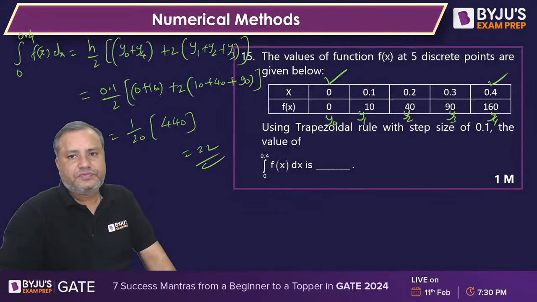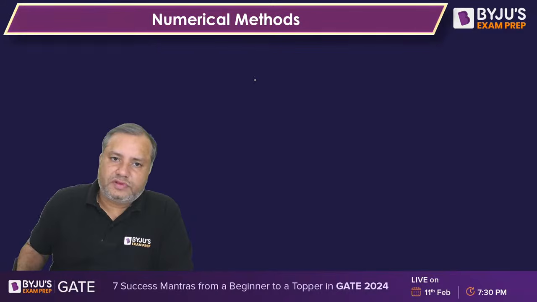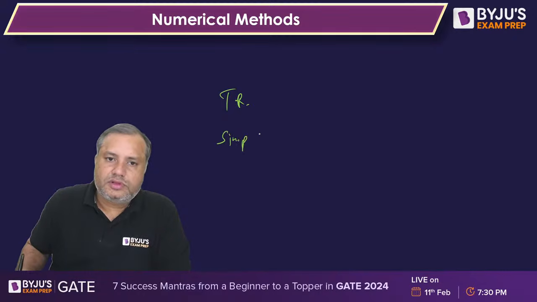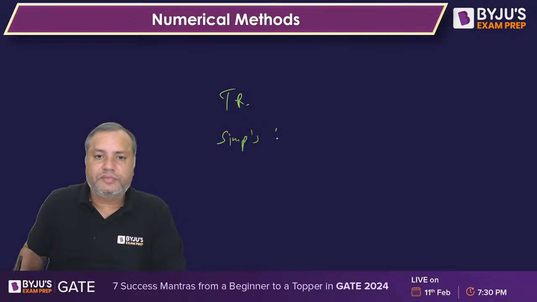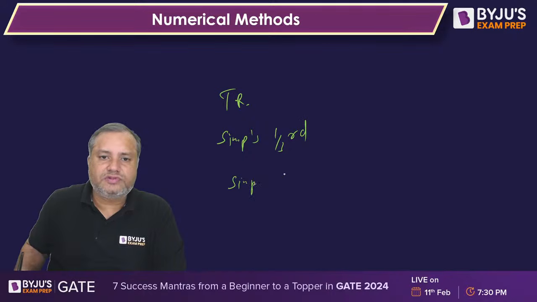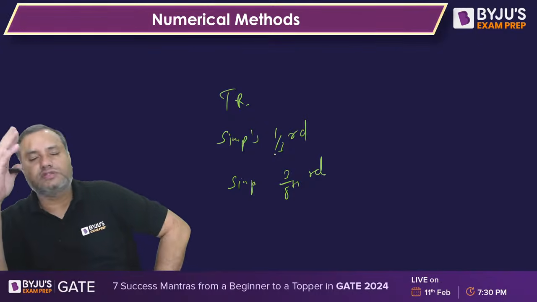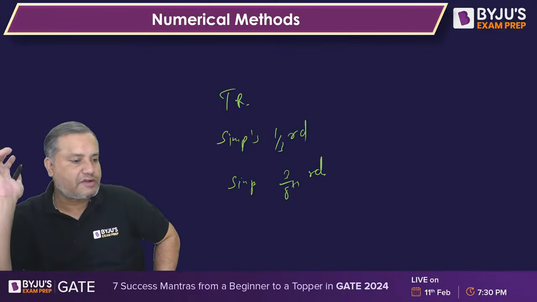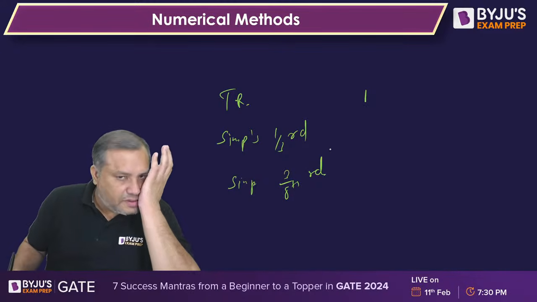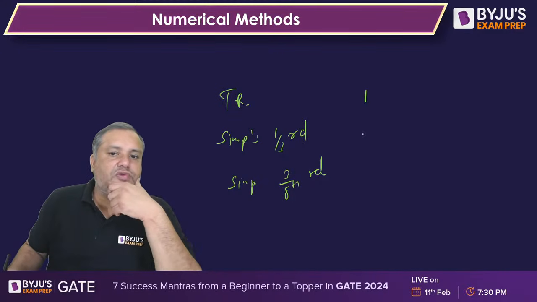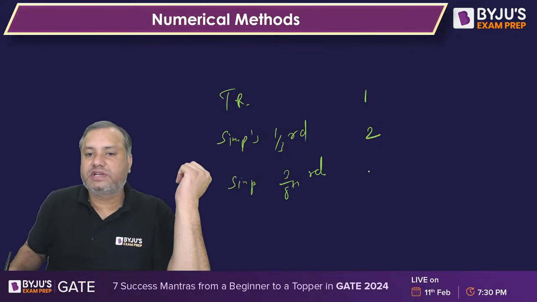Now students, if they ask you for the minimum number of subintervals required, and they have not mentioned the exact number of intervals, then to apply the trapezoidal rule or Simpson's rule using the minimum number of subintervals: for the trapezoidal rule it is 1, for Simpson's 1/3 rule it is 2, and for Simpson's 3/8 rule it is 3.